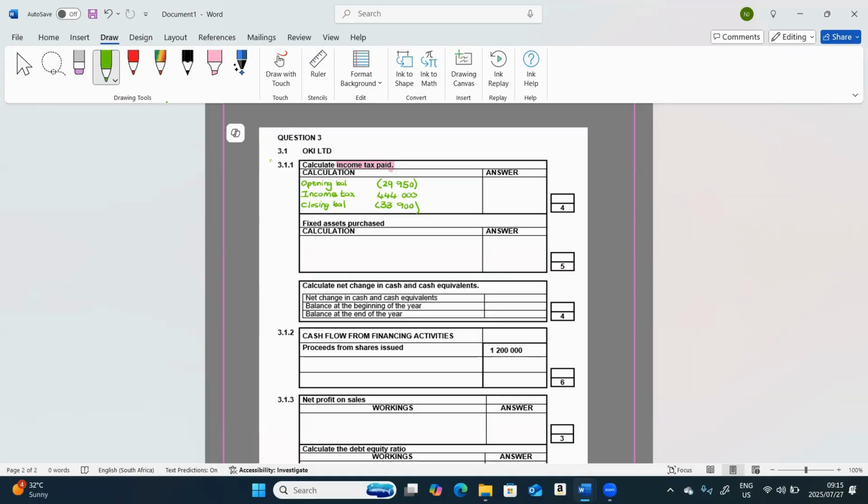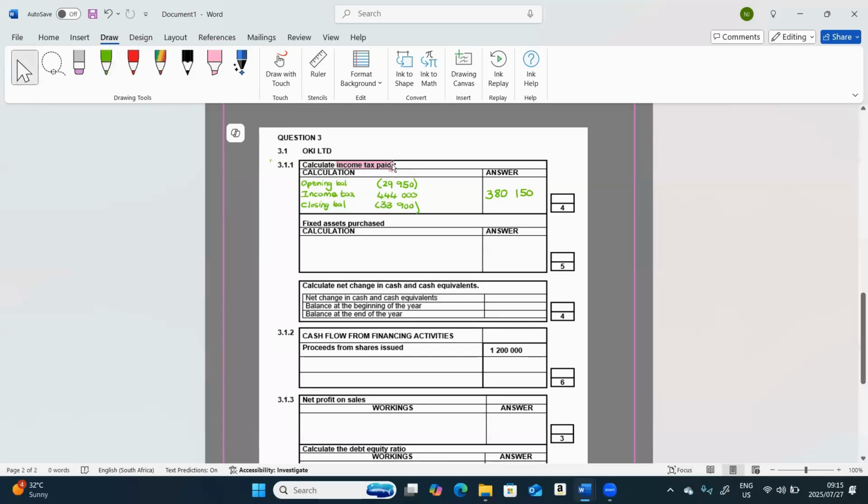Then you write that in your answer column. The actual cash movement, the cash that we paid for the current year in terms of taxes, is going to be 380,150 Rand. And there you have your first 4 marks in the bag.